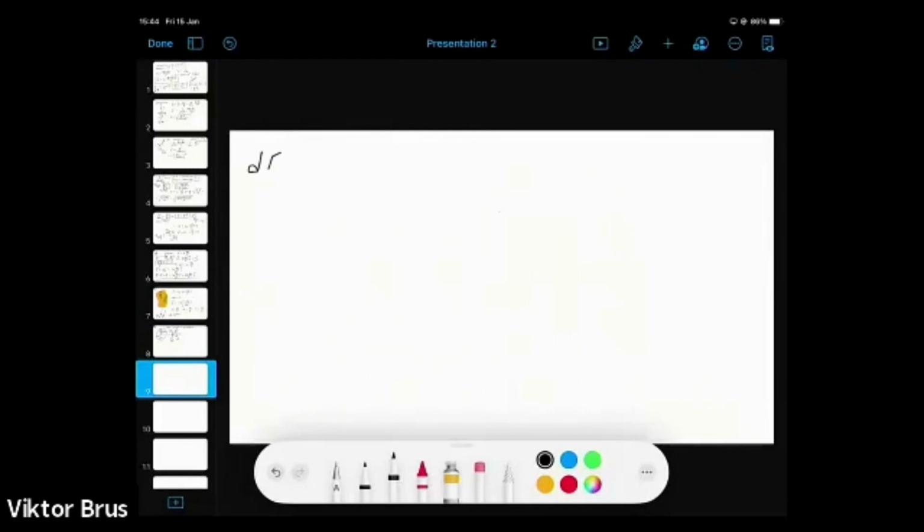It will be dEx equals ke sigma r d theta dr, this is for dq, divided by r squared plus x squared, this is for d squared.